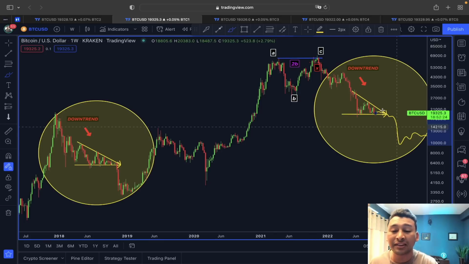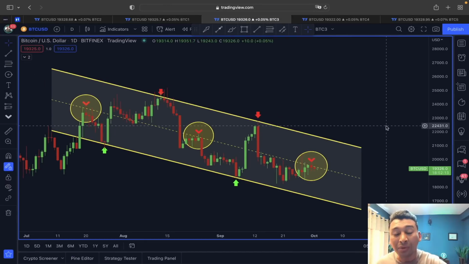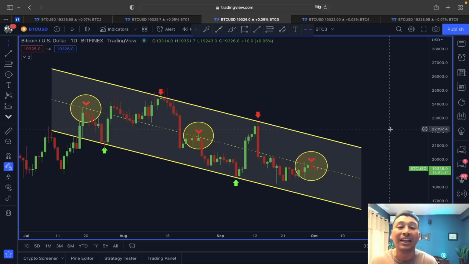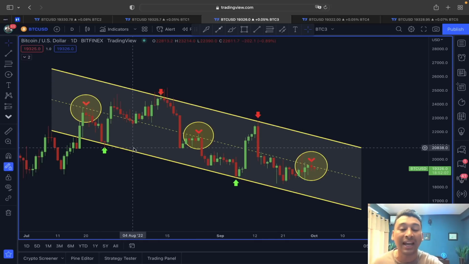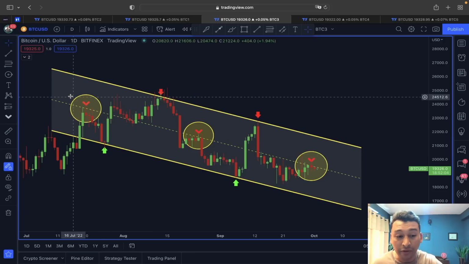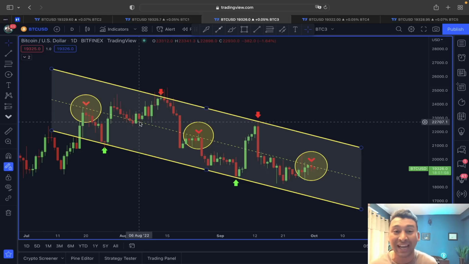Because if you look at this scenario in the daily time frame, you will see another very interesting scenario unfolding for Bitcoin. As you can see here in the daily time frame, the price of Bitcoin looks like it is following this descending channel, where the upper line is acting as resistance and the lower line as support. But if you follow this central line, it is for us a very important line of support and also resistance.